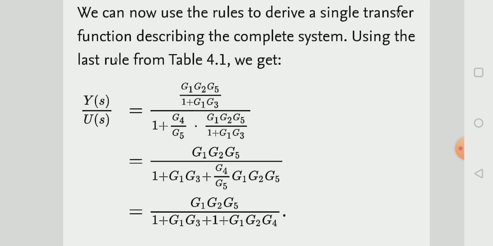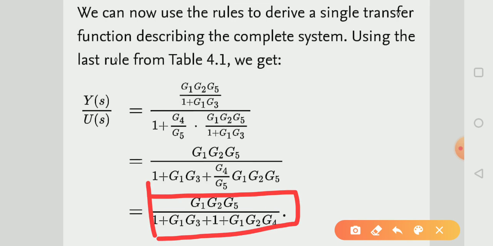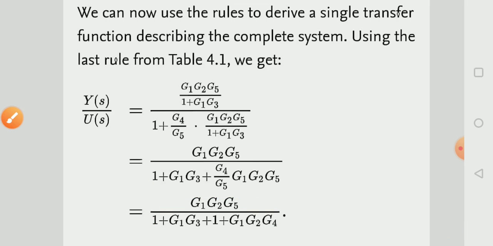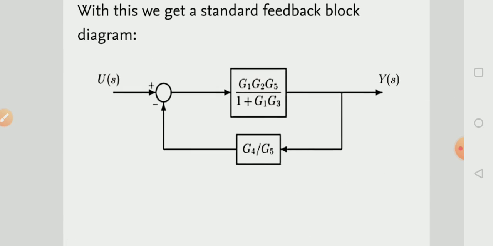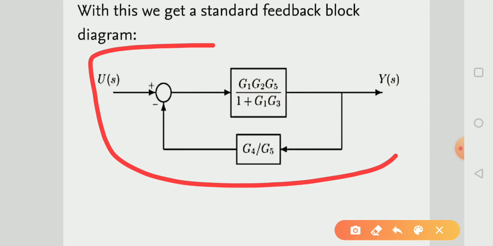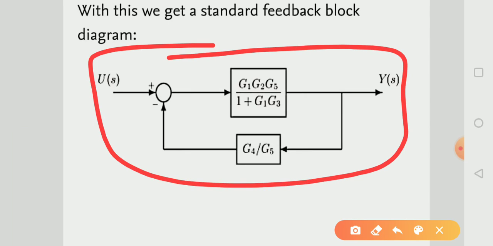So this is the overall gain of the block, and we can say that this is the transfer function for this block, and we simplified the complex block in a simple manner.